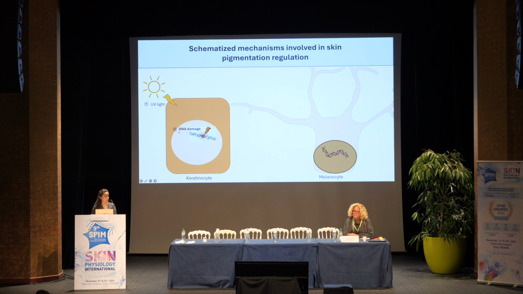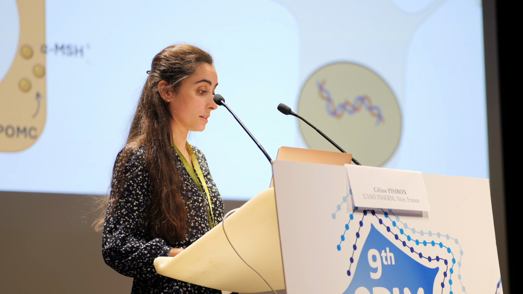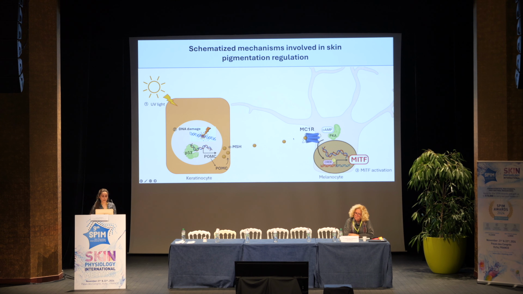So when you expose your skin to UV light, UV radiation will induce DNA damage in the keratinocytes that will activate p53 and upregulate alpha MSH, the melanocyte stimulating hormone, which will be secreted by keratinocytes and will bind to the receptor in the melanocytes, the MC1R.